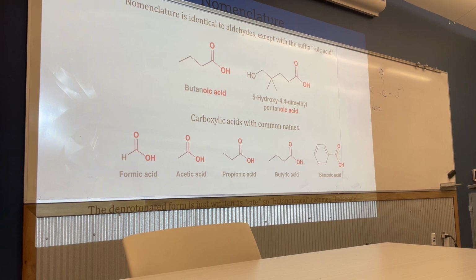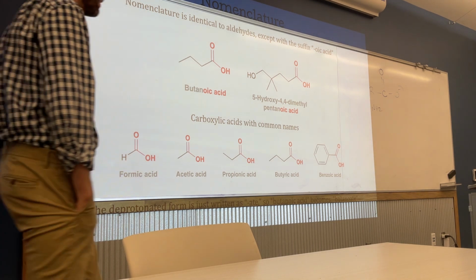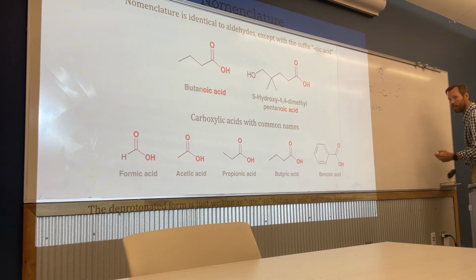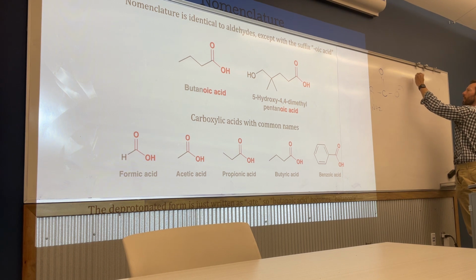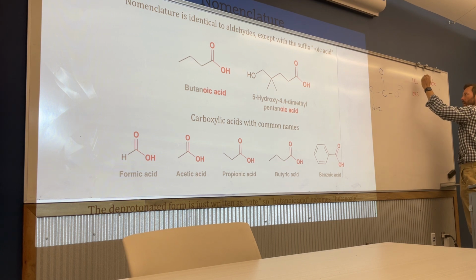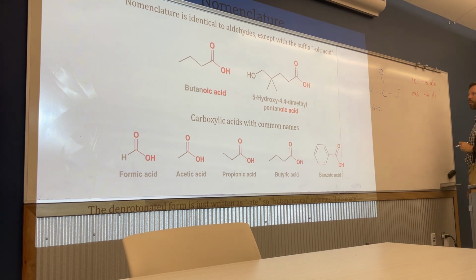And then down here, if we deprotonate this, so we remove that hydrogen there, like I drew up there, then it's going to be -ate. So butanoic acid would be butanoate. And this may be familiar if you go back to the days in Gen Chem. If an acid ended in -ic, it must have come from an -ate, right? And if an acid ended in -ous, it must have come from an -ite, right?